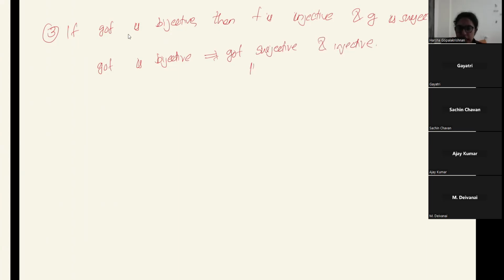So bijective means it is both injective and surjective. From the first result, we got G composite F is surjective means G is surjective, and G composite F is injective means F is injective. So it holds.